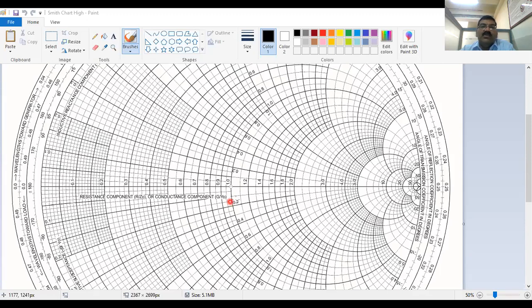So Z1 is what you have to plot. Small z1 is equal to, we did the normalization, this is called normalization, divided by the Z0.